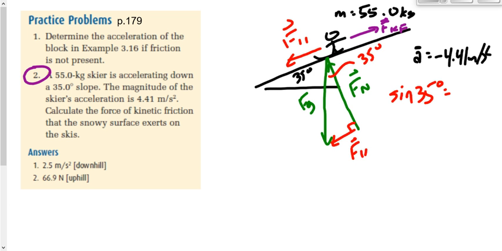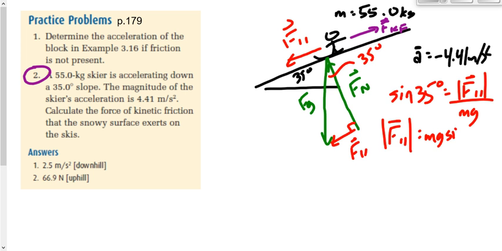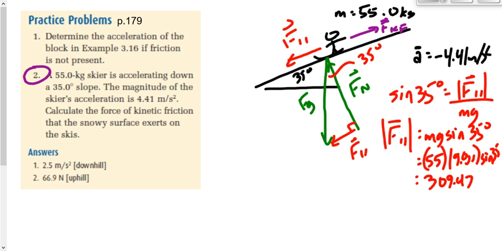Sine 35 is equal to F parallel over gravity, which is the hypotenuse. So F parallel is mg sine 35 degrees. The mass was 55 times 9.81 times sine 35. We get 309.473 newtons.